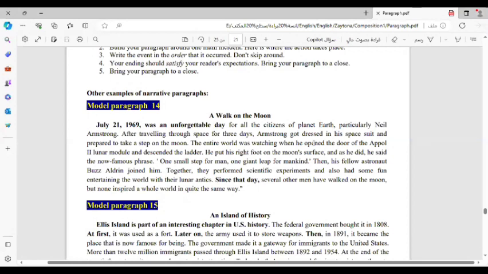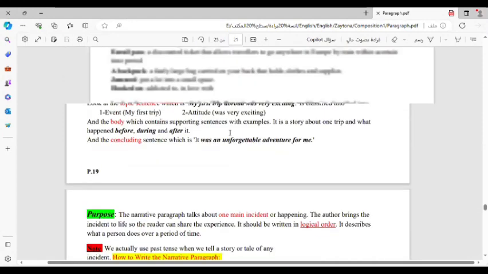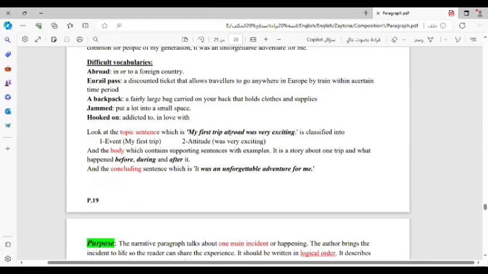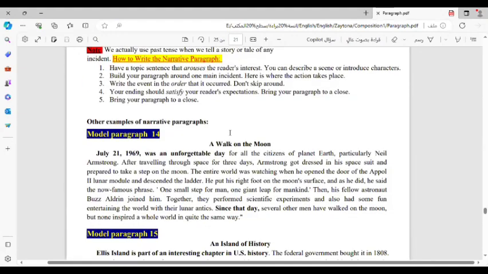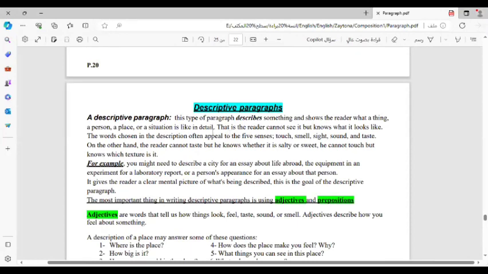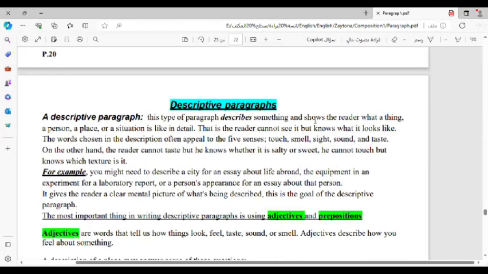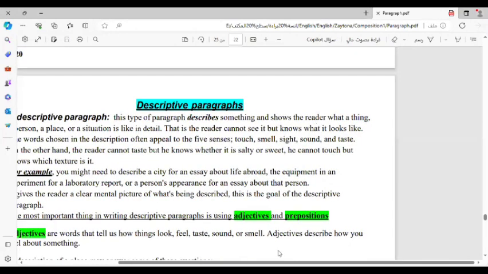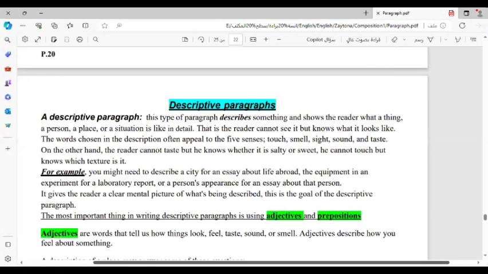All of them are examples of narrative paragraphs, the type that we had last lecture. The more you read examples, the more you will understand the idea of this type, and the more you will benefit in order to write a similar one, okay?